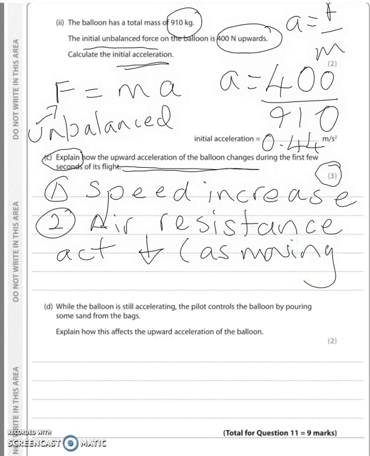Remember, air resistance and drag always act opposite to motion. That means that your overall force will be less. To begin with, you had 400 newtons upwards, but now because you've got air resistance acting downwards, your overall or resultant force will be less.